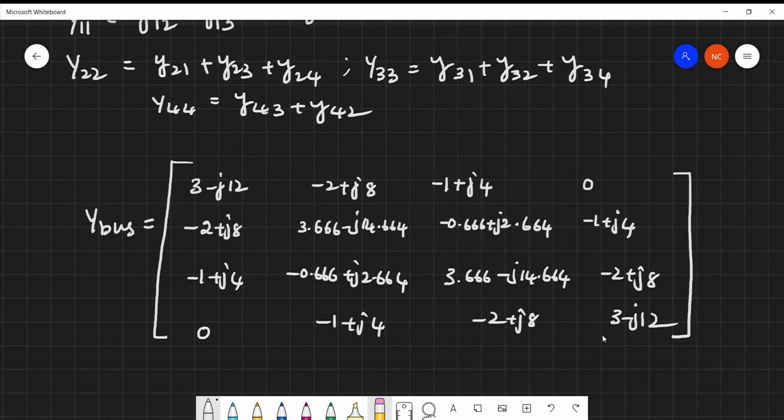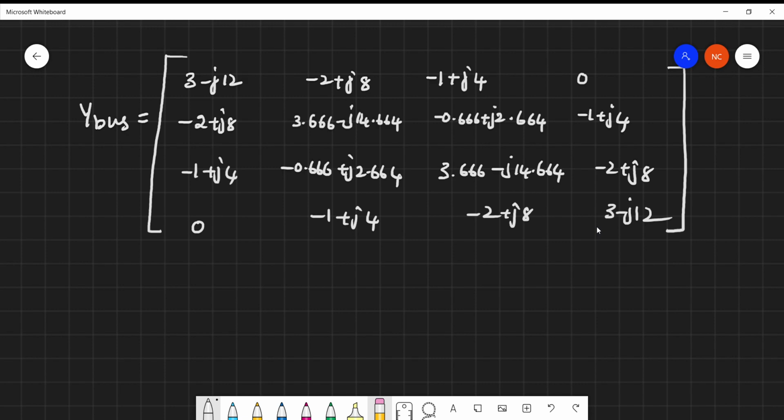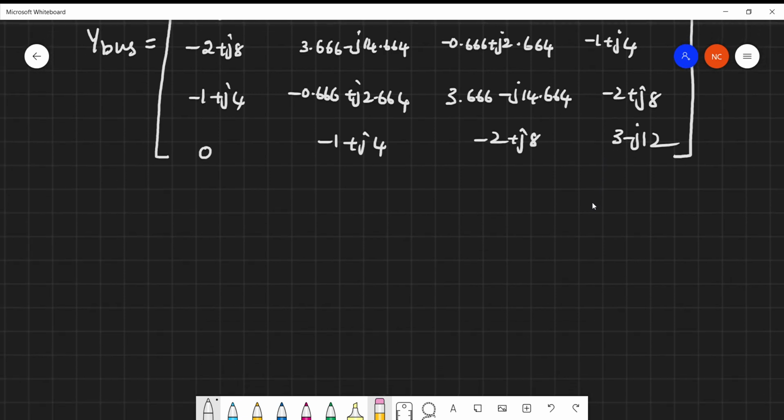Now we will be starting the Gauss Seidel method by assuming the load voltages. Okay, so here from table 2, it is very clear that bus 1 is a slack bus. So bus 1 at the 0th iteration or the first iteration or any number of iterations will have the same value. Okay, so it is 1.06 at an angle 0.